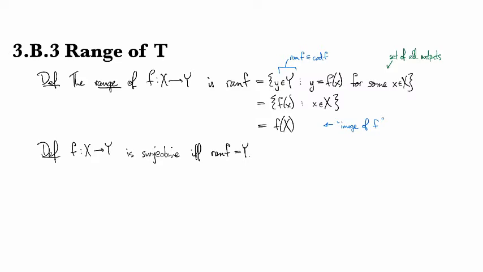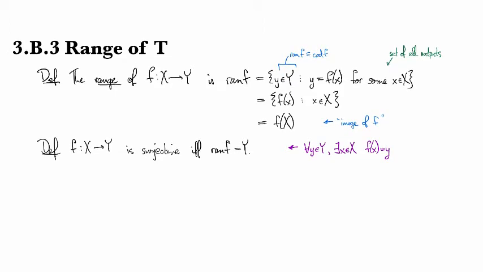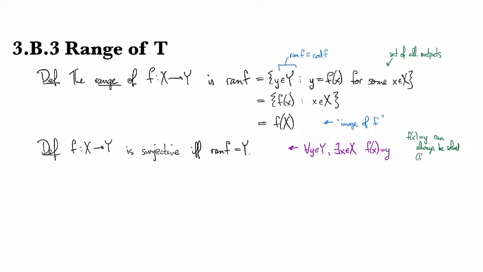So, said differently, this means for every element of the codomain, there exists an x in the domain with f of x equal to y. So it's basically saying that the equation f(x) equals y can always be solved. And when I say can always, I mean for any choice of y.